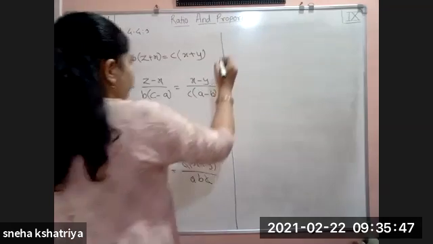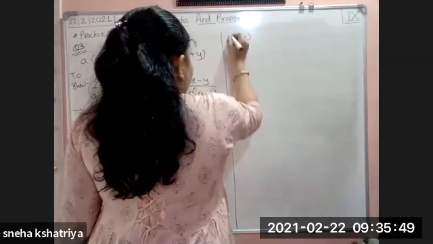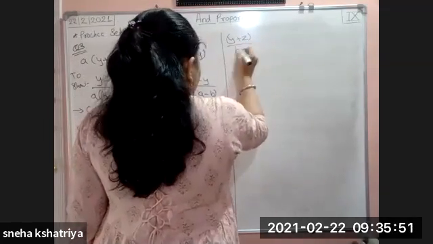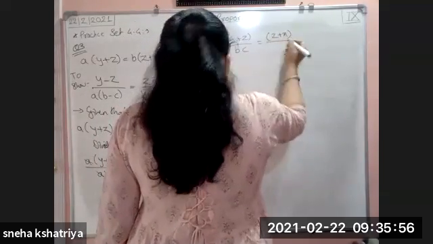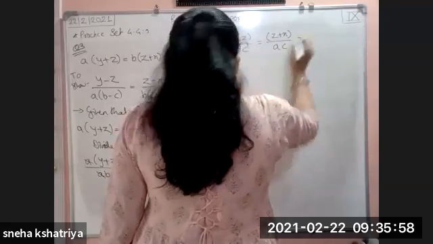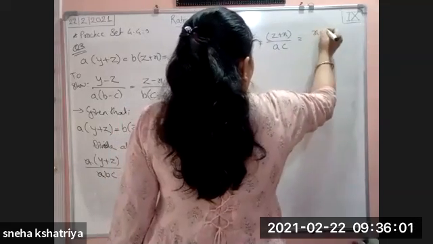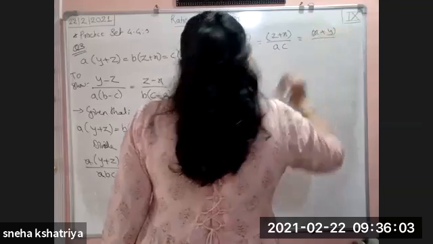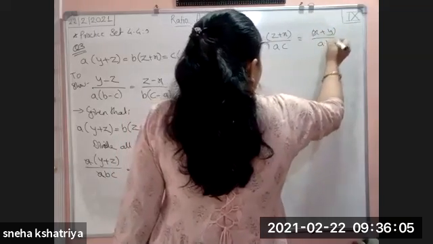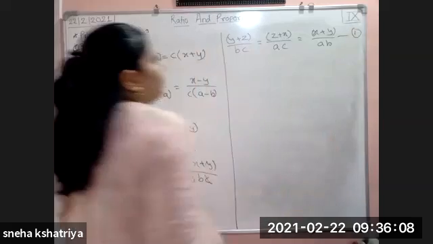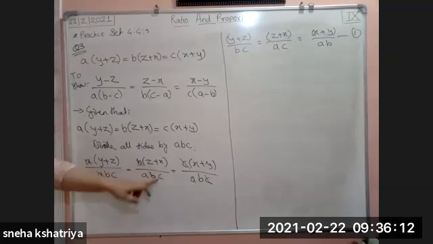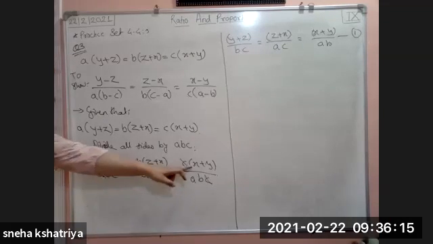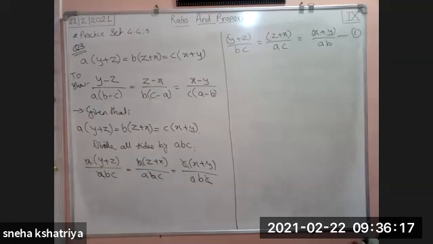I write here y plus z divided by bc, which is equal to z plus x divided by ac, which is equal to x plus y divided by ab. Say it as equation number 1. Whatever remains, y plus z upon bc, z plus x upon ac, x plus y upon ab, I have written as equation number 1.